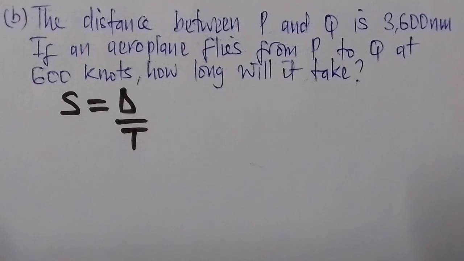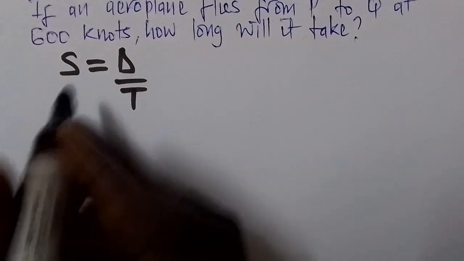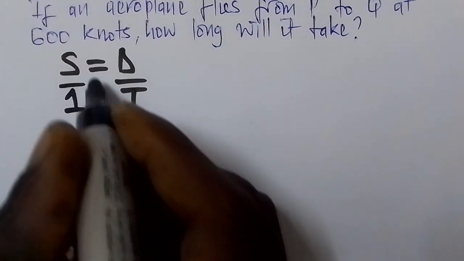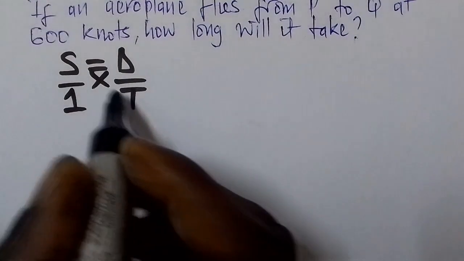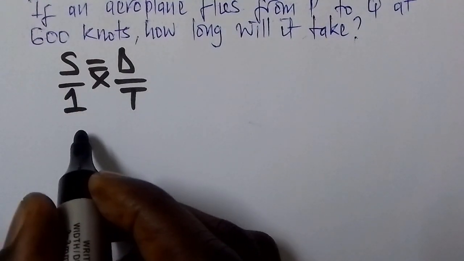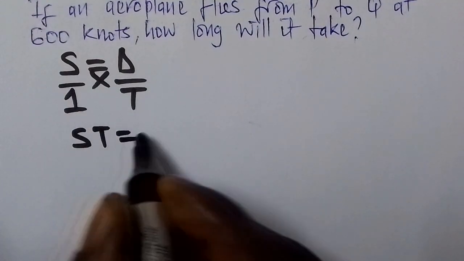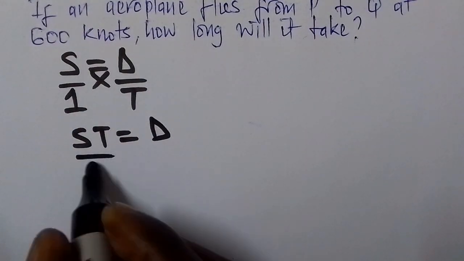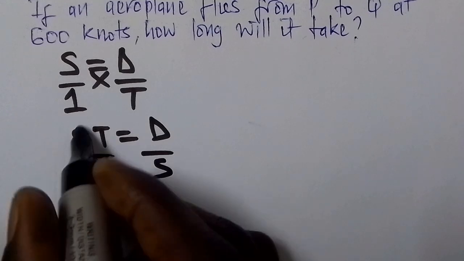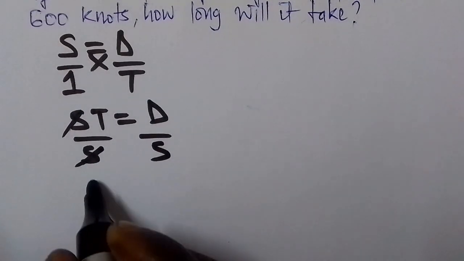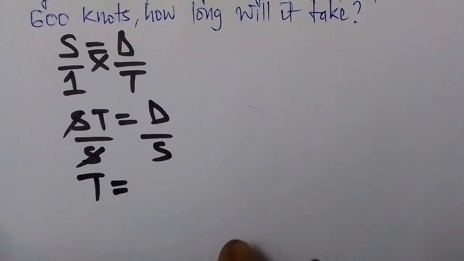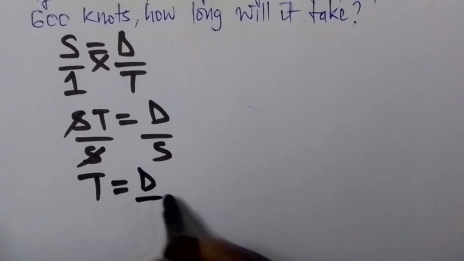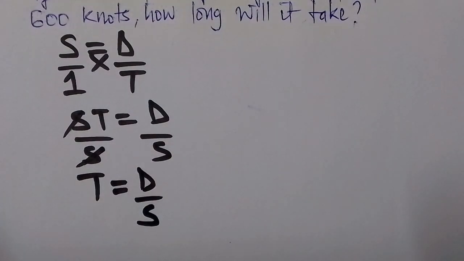You introduce over 1 here and cross multiply. t multiplies with s, so we have st equal to 1 times d, which is d. Then we divide by s, which gives t equal to d over s. So we divide distance by speed to get time.